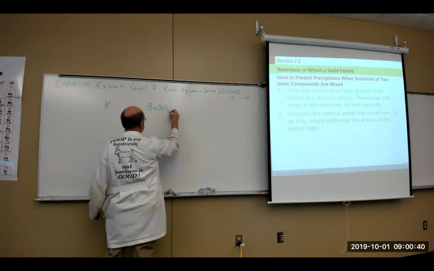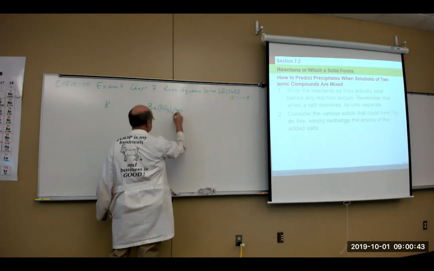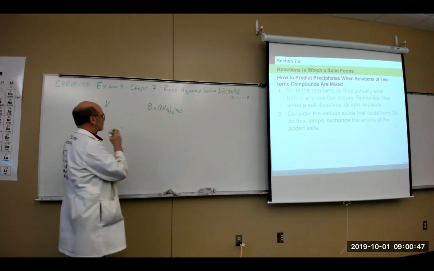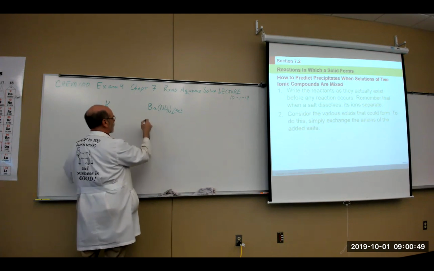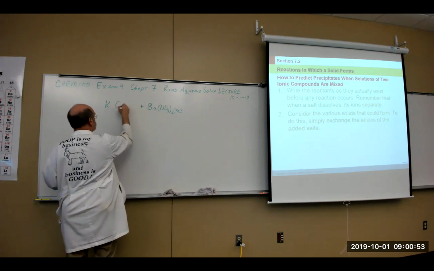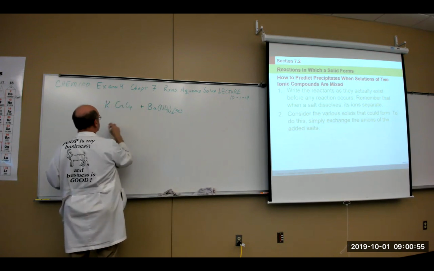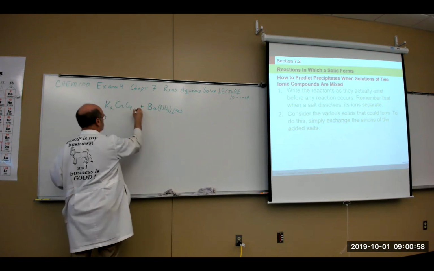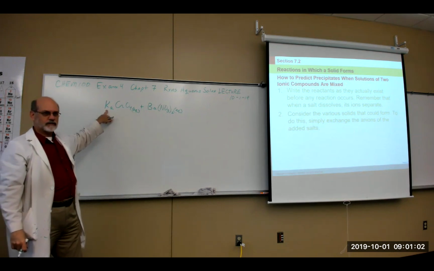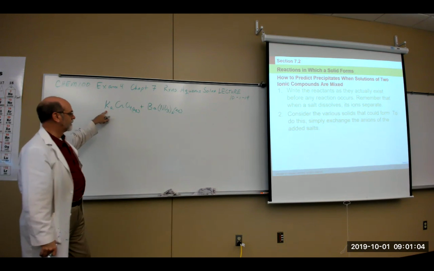Barium nitrate is soluble. If you go back and look at the rules, you find all nitrates are soluble. You can look it up in your chart and draw the same conclusion. Potassium chromate is soluble because most potassium salts are soluble.